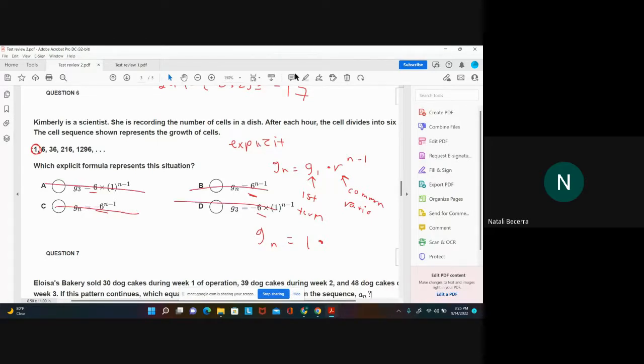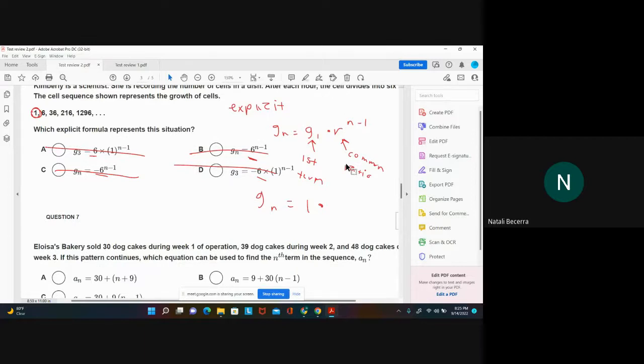I'll make sure to correct it or take it off so that you don't get points off. R, but let's still do it. R is the common ratio, the number we kept multiplying every time, right? To go from 1 to 6, we multiply 6. So right here is 6 and minus 1. This is the correct answer.